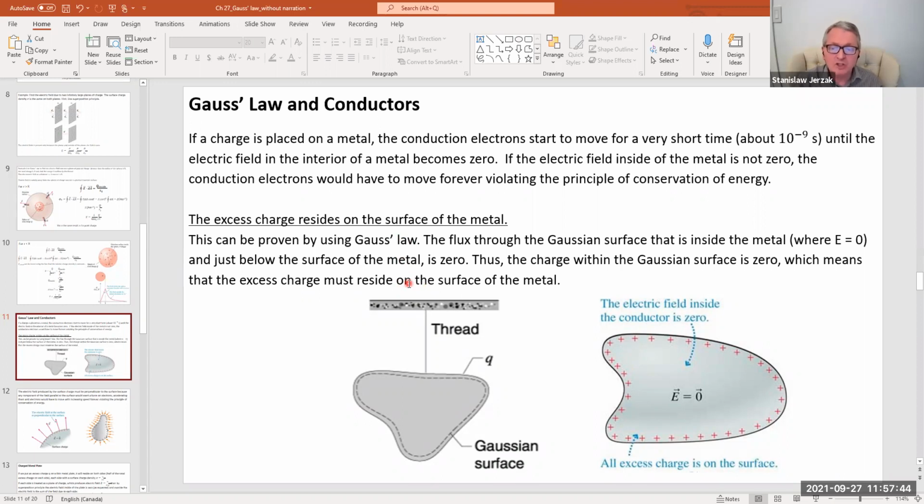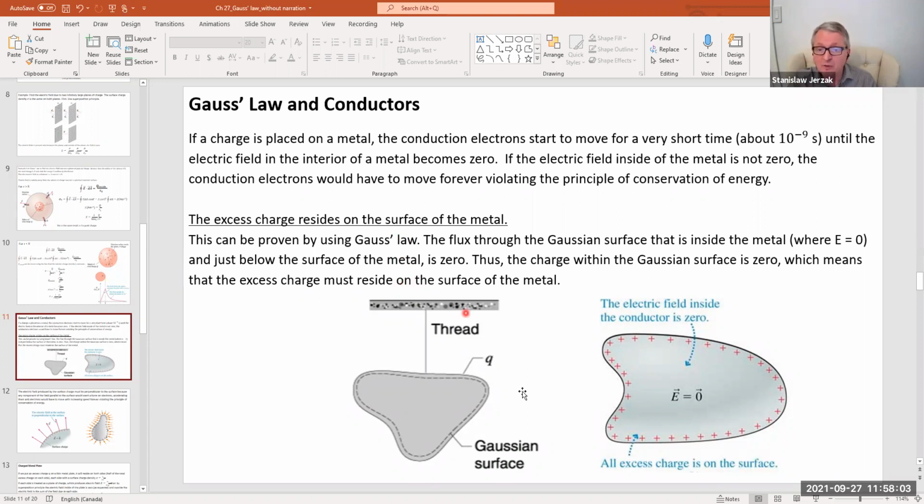What happens if we charge a metal? Because remember, in previous examples, the volume of charge was embedded in a plastic, an insulating material, so that the charge inside could not move. So the charge was stationary.